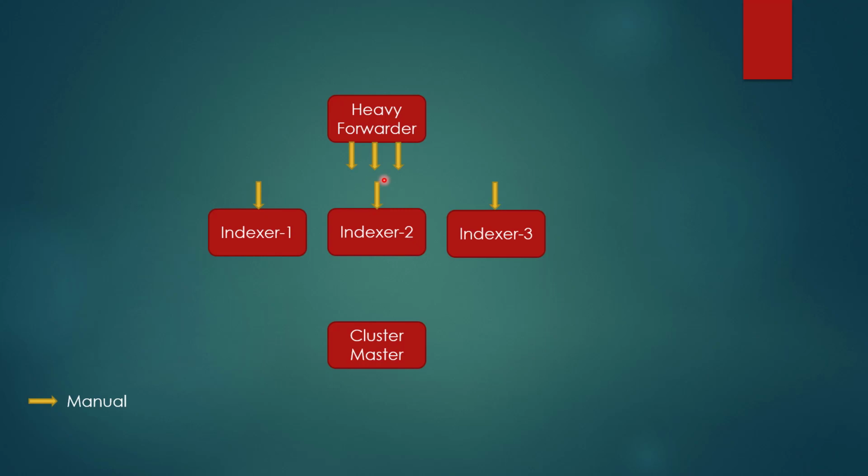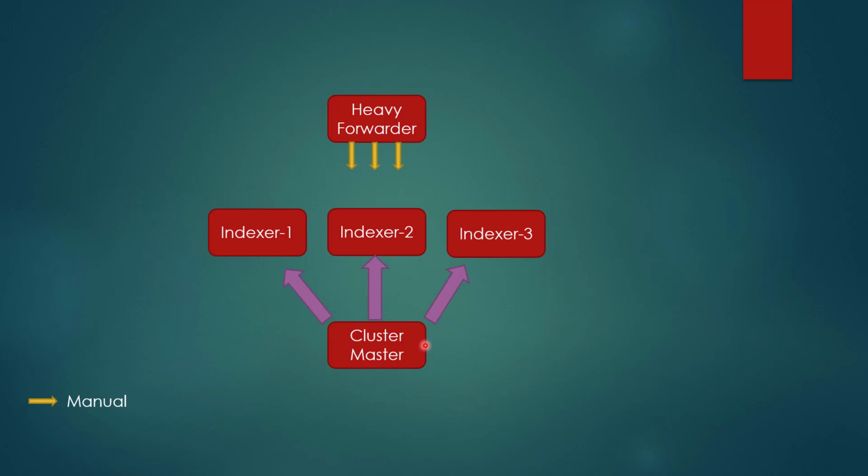In the previous video we were not doing this manually; we were doing a bundle push from the cluster master to all the indexers, so that they receive the inputs.conf details from the cluster master itself. What was our benefit? If a new indexer joins the cluster, it gets the necessary information from the cluster master without any manual intervention, correct?